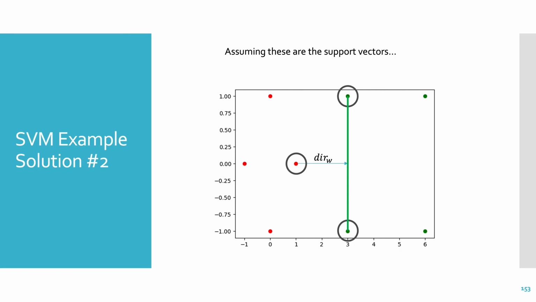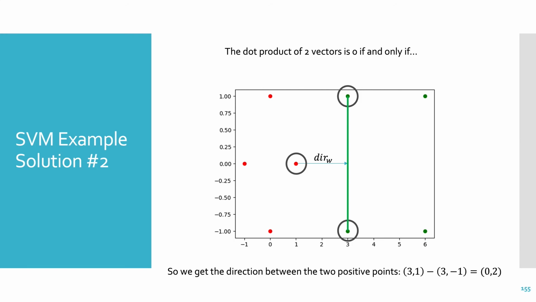How can you do it in practice? If you assume that these are the support vectors, and you remember that the dot product of two vectors is 0 if and only if they're perpendicular or orthogonal, then we know that the direction of W should be perpendicular to the line that connects the two positive points. So we can calculate the direction between the two positive points by just subtracting them, and we get 0, 2.